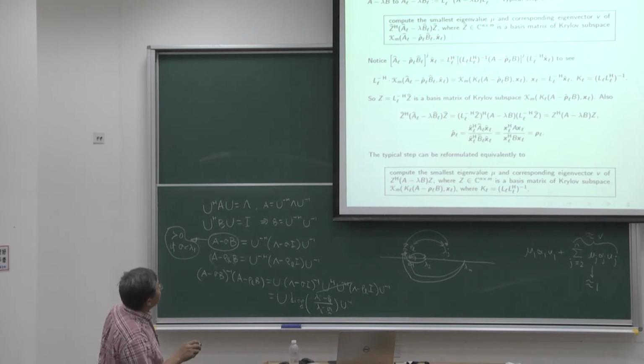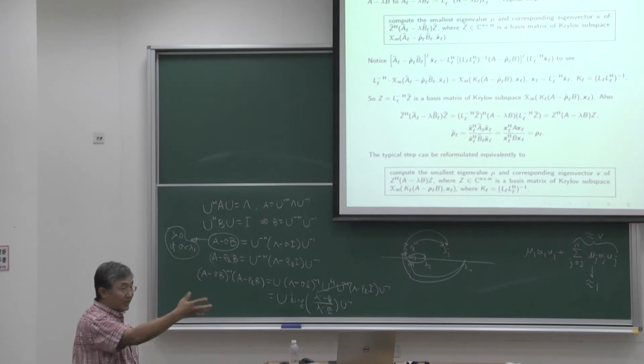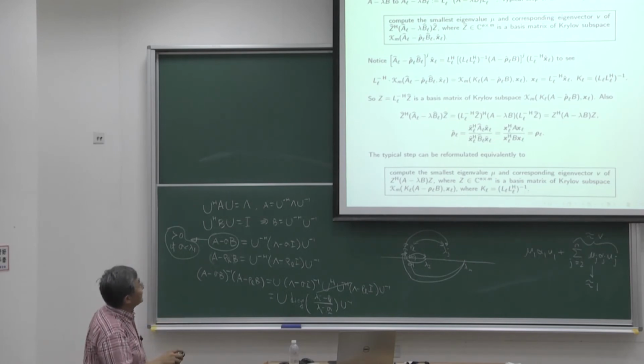Then this is the Krylov subspace with hat, multiplied by L inverse conjugate transpose, and it becomes the Krylov subspace of something without hat. Of course, rho L hat is a scalar. Later we find rho L hat is the same as rho L; it doesn't change.